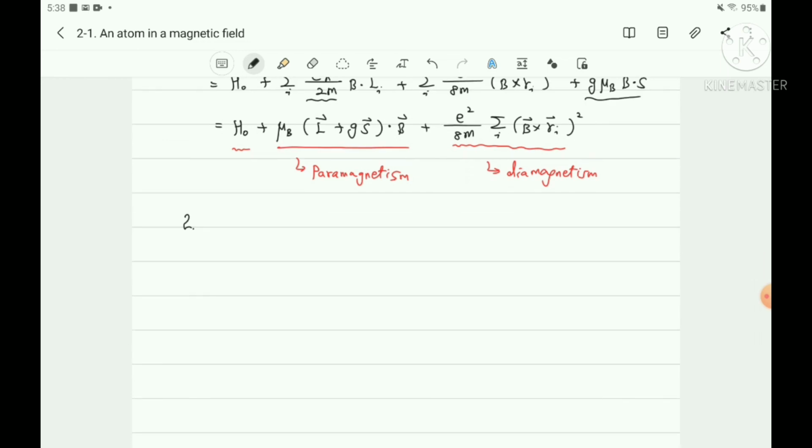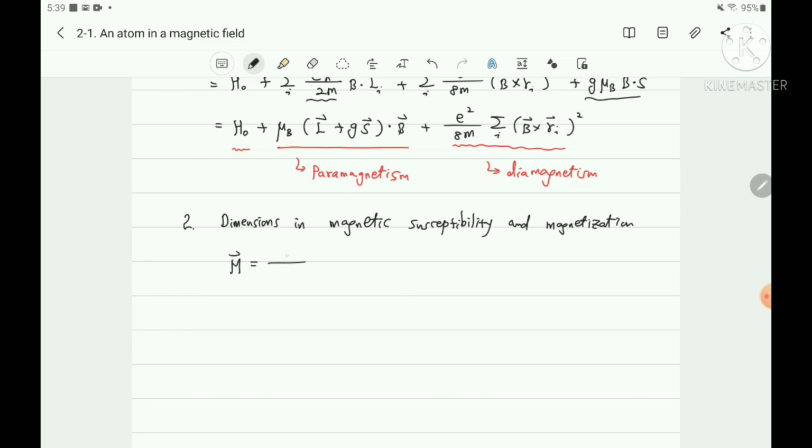Here we define the dimensions of magnetic susceptibility and magnetization. From electrostatics, you know magnetization.